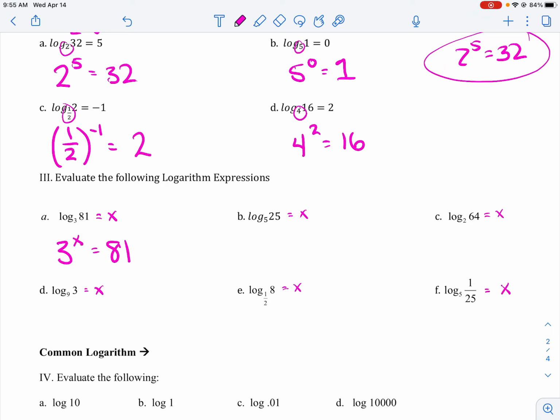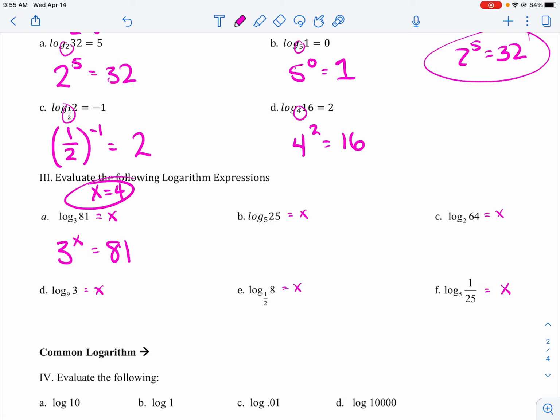But we can actually solve this, hopefully using our mathematical skills here, right? 3 to what power is equal to 81? Well, you can either do trial and error, or if you know that 3 to the 4th power is equal to 81, then this is equal to 4.